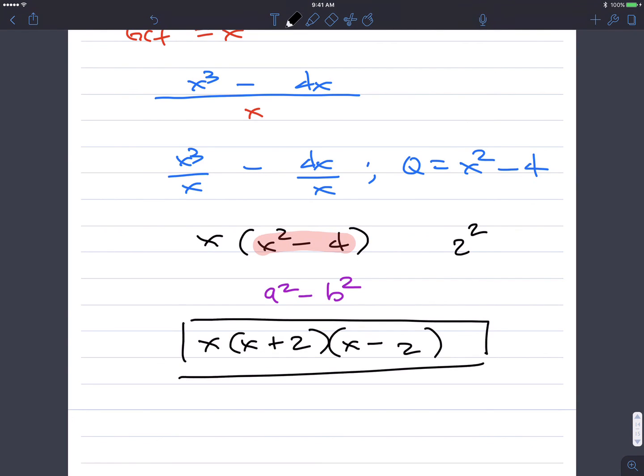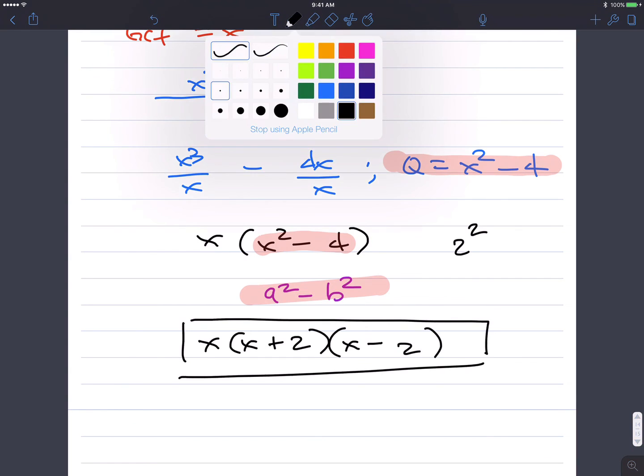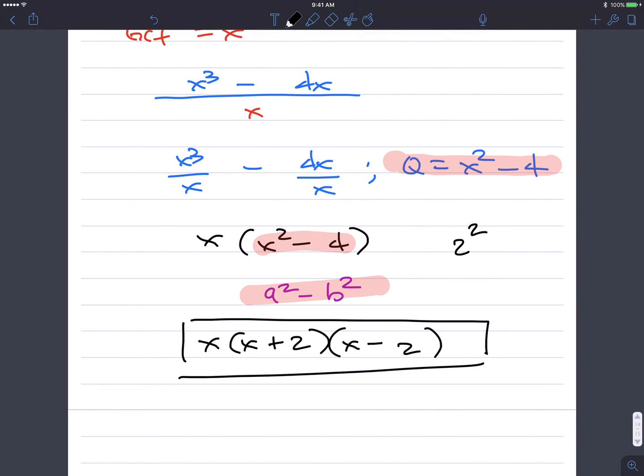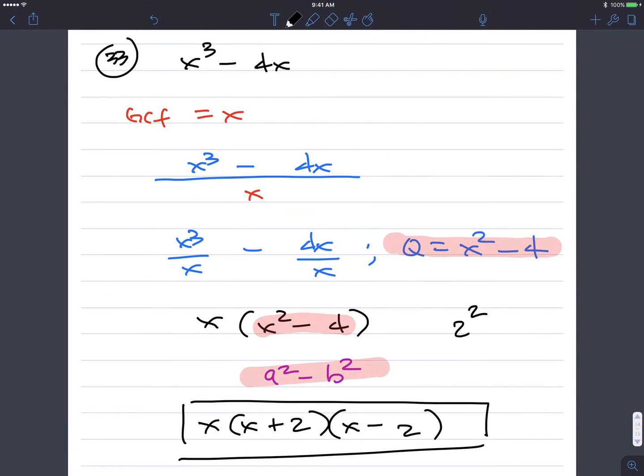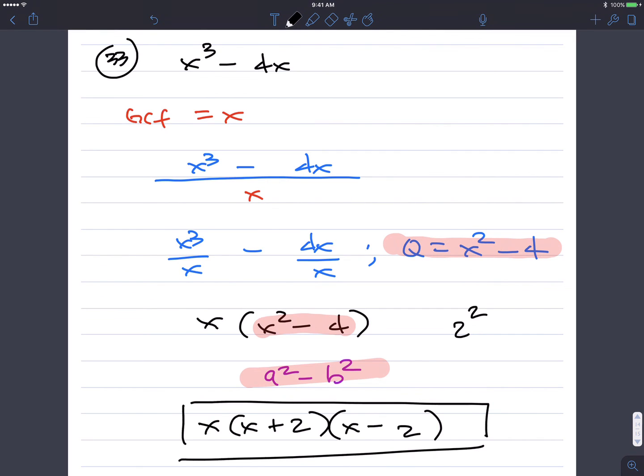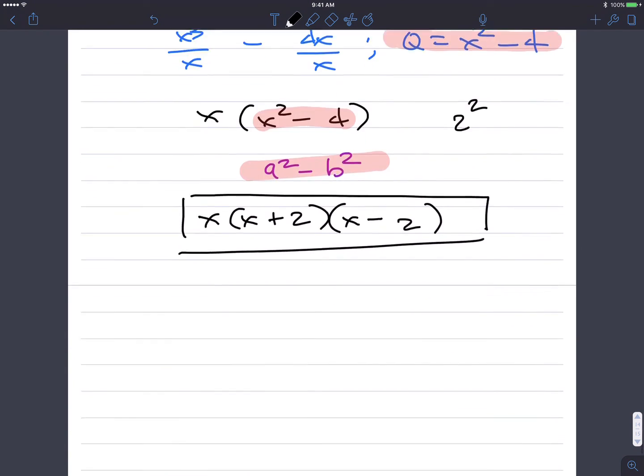So the point I want to make is that your special factoring formulas do also come into play for your quotient, if that's what you get. And that's what we got here. My quotient was x squared minus 4. So all the things we did with factoring are going to come back, and we have to be proficient with factoring. So you factored this completely. Okay. Let's see, number what?